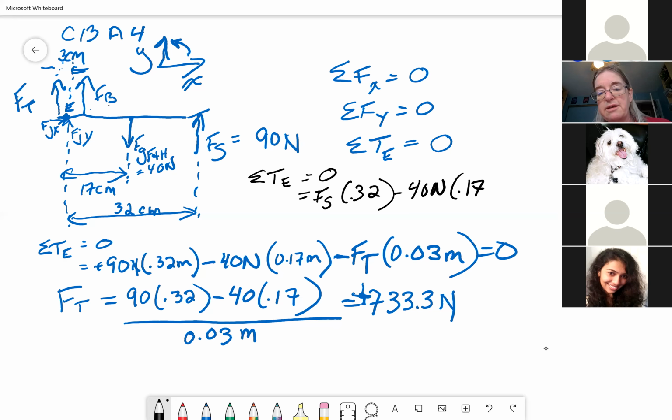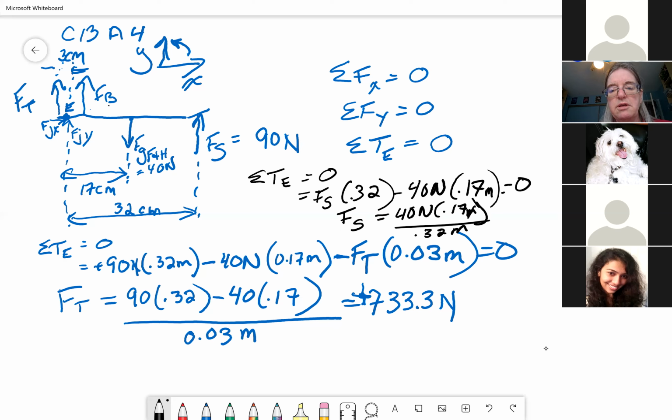The mass of my forearm and hand isn't going to change. It's equal to 0. So the force of the scale would be 40 newtons times 0.17 meters divided by 0.32 meters. I'm going to be left with newtons. So 40 times 0.17 divided by 0.32.